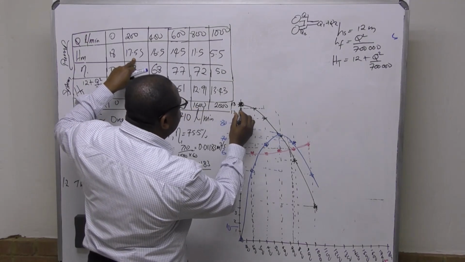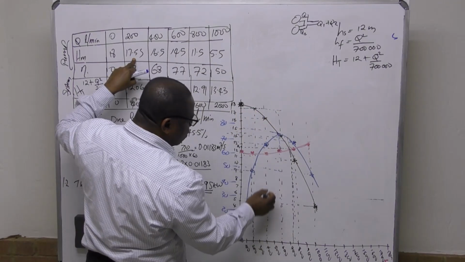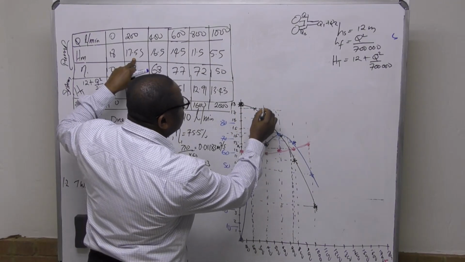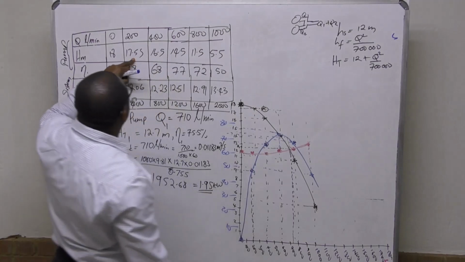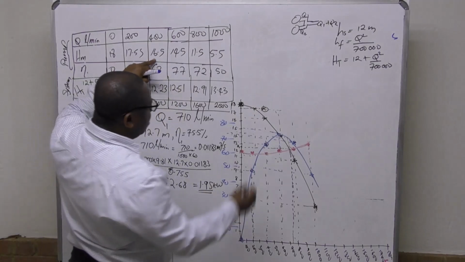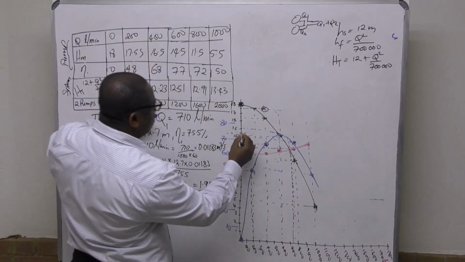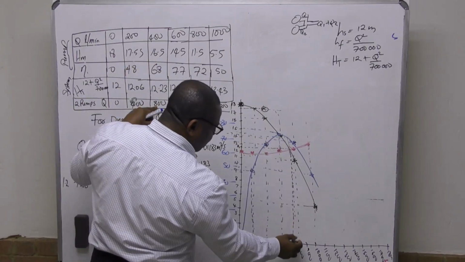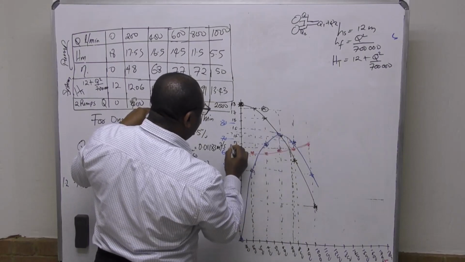So where you have 17.5 here, that is where you have a flow of that. Where you have the 16.5, the flow is 800. That's where you have 800.